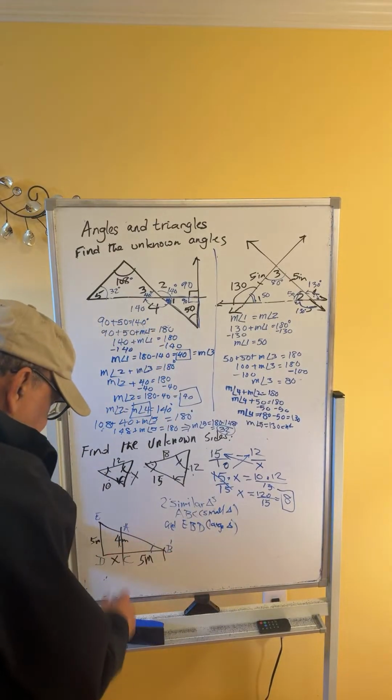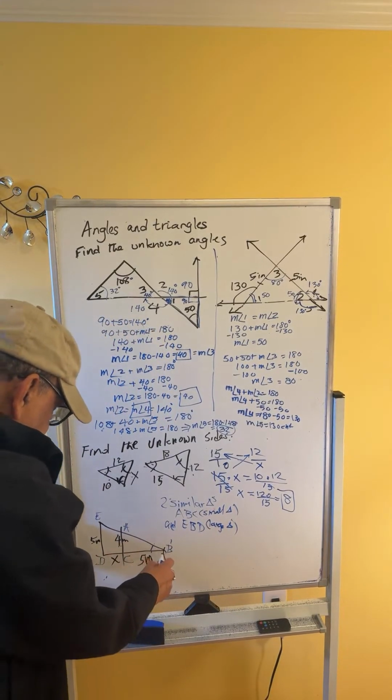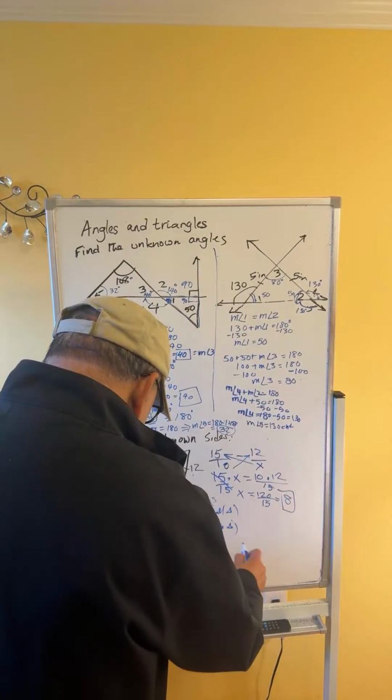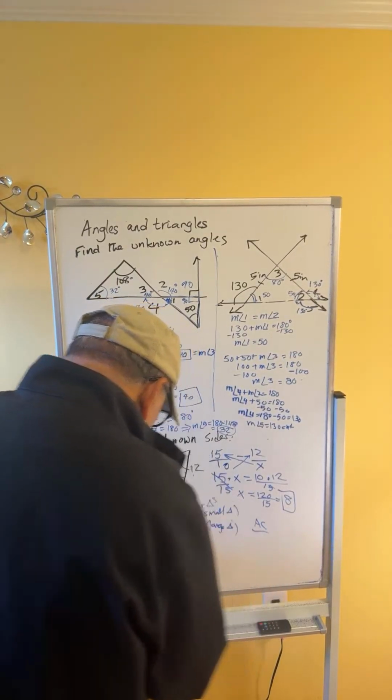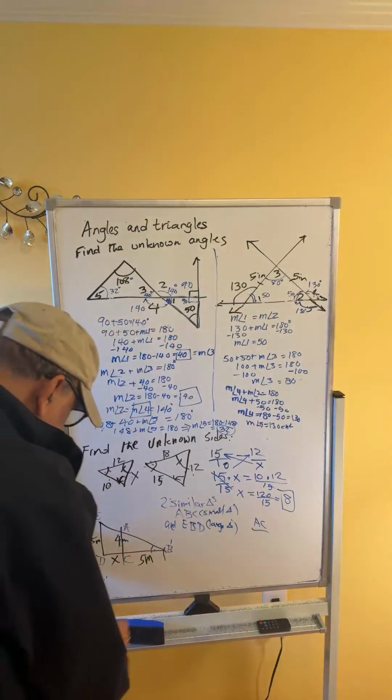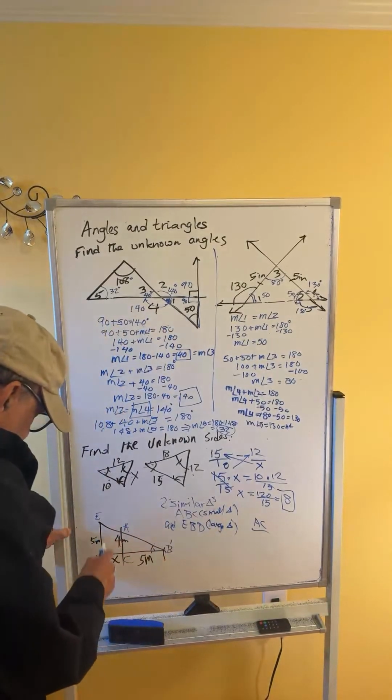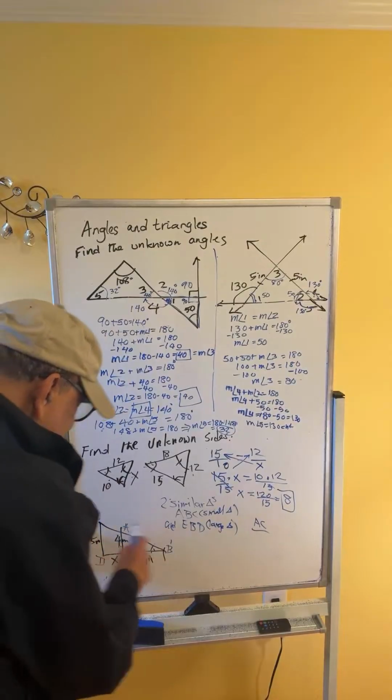Okay, so in the small triangle opposite to the angle B is the side AC. Okay, opposite to angle B. And in the large triangle opposite to angle B is DE.